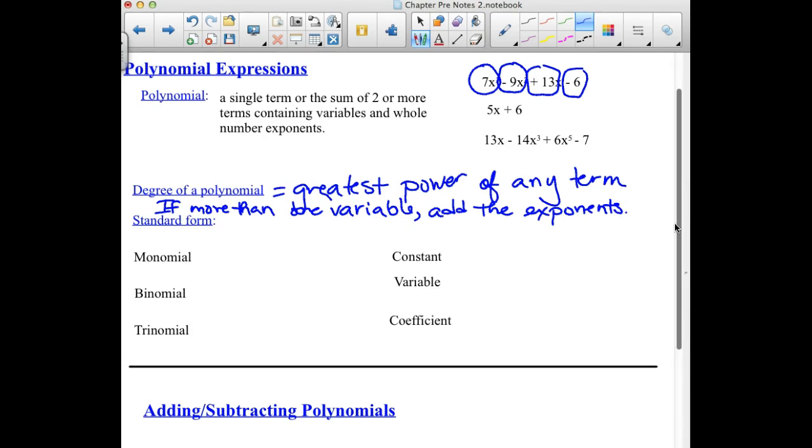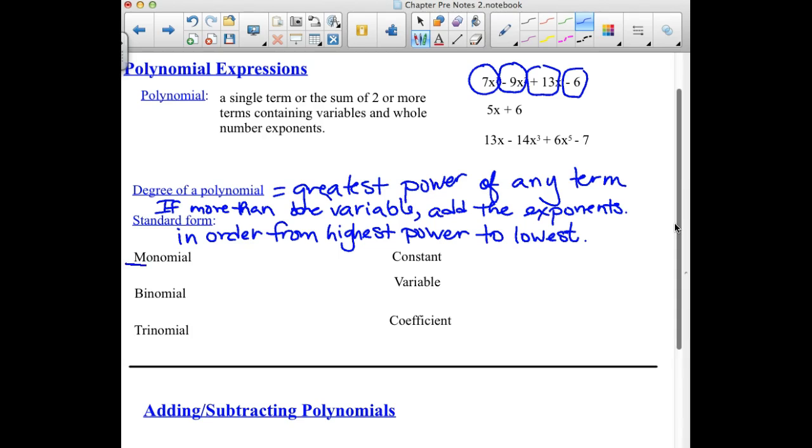All right, standard form is when the terms are written in order from highest power down to lowest power. All right, and then we often name our polynomials by how many terms they have.